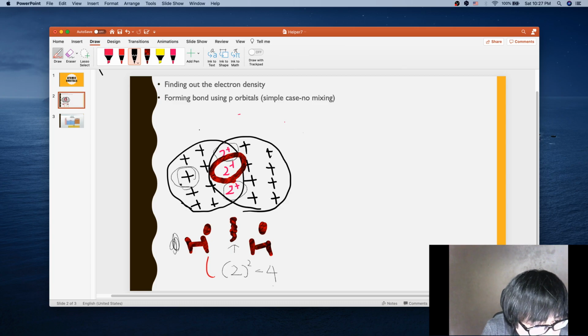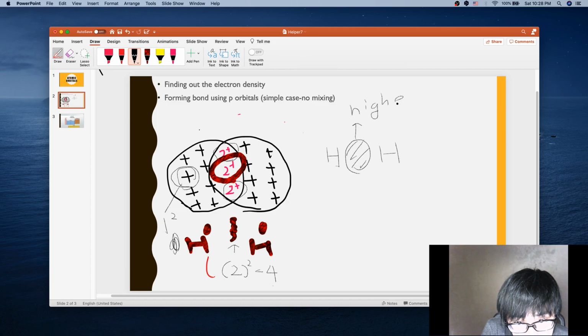Outside I have only 1 squared, which is equal to 1. So basically I have a high electron density, which is 4, and then low electron density around here.